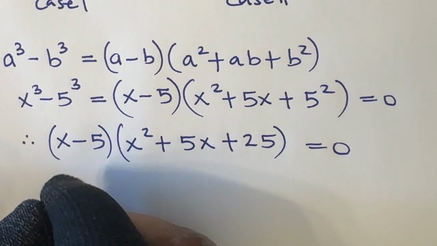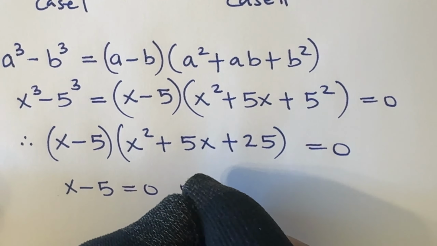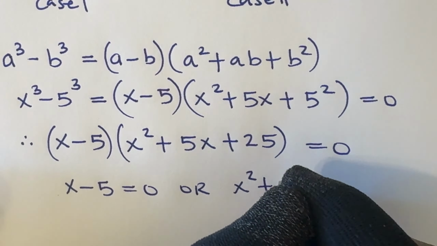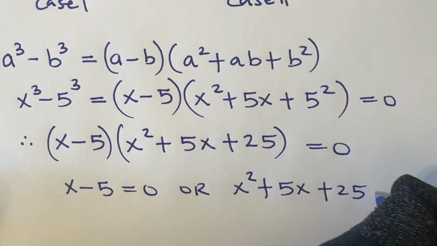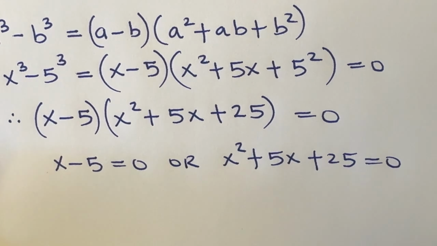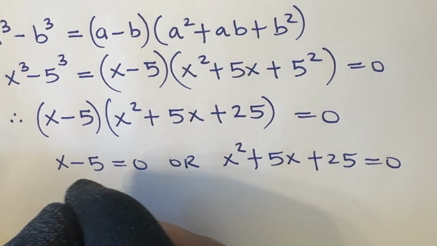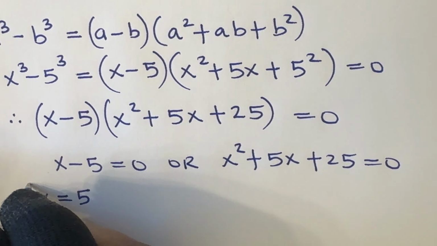This will mean that x minus 5 is equal to 0, or all of this, x squared plus 5x plus 25 is equal to 0. So here we also have two different cases, but this is easy. From the first one, we see x is equal to 5. So we call this x1.